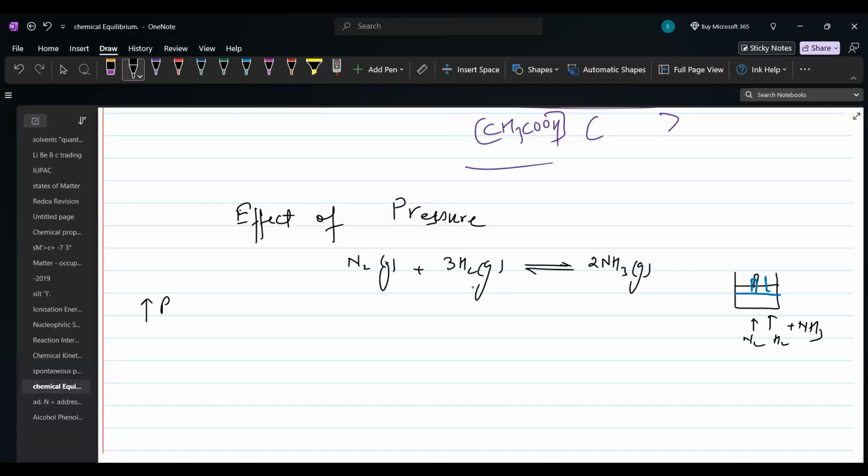So what will happen? Will ammonia dissociate and form nitrogen and hydrogen, or will nitrogen and hydrogen combine to form ammonia? Please think on it.